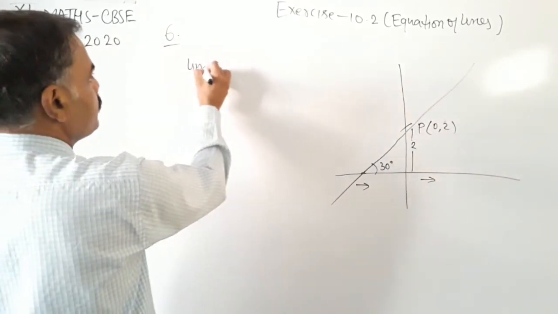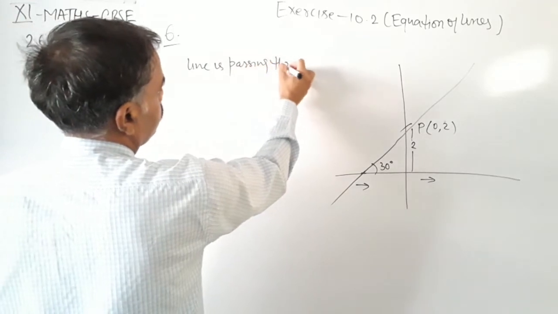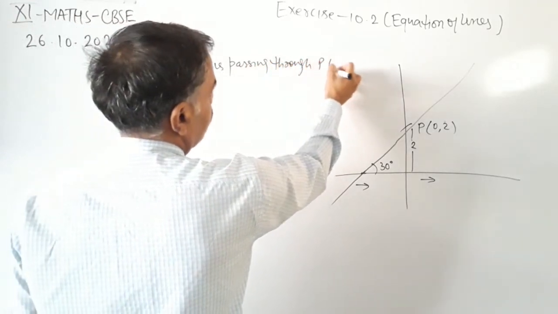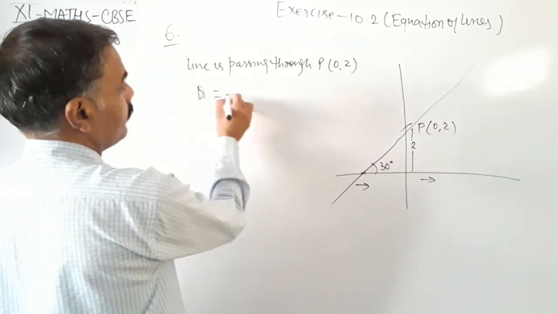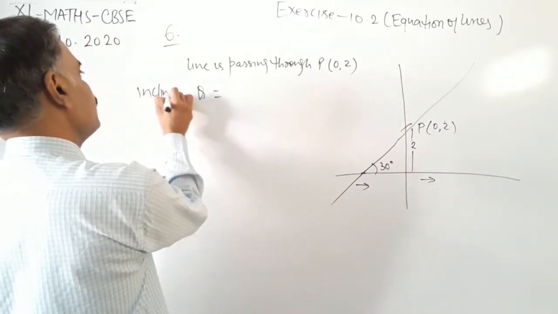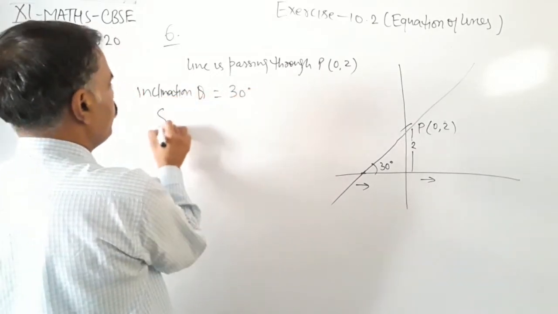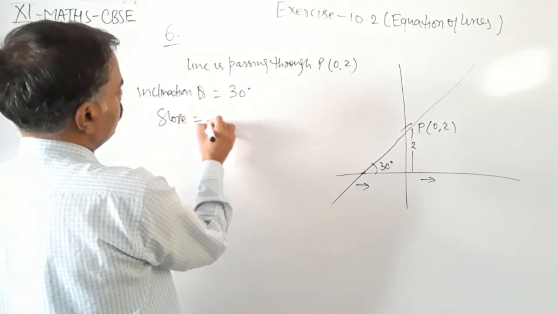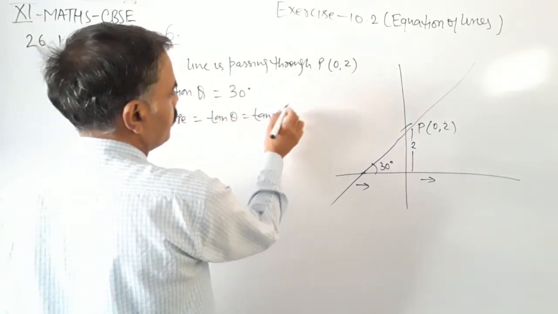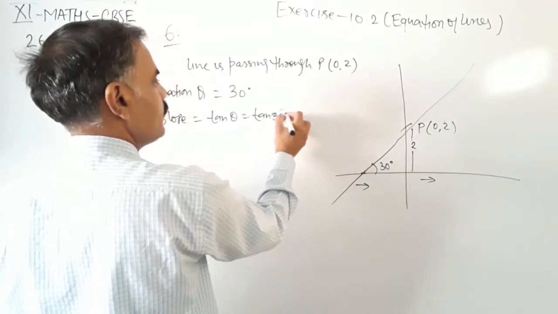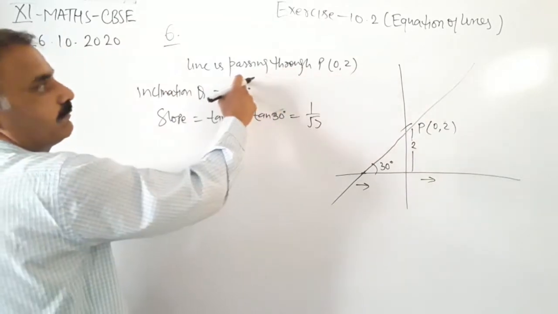So line is passing through the point P 0, 2, and inclination theta is equals to 30 degree. So slope will be equal to tan of theta, tan of 30 degree, that is 1 by under root 3. So slope is this and point is this.